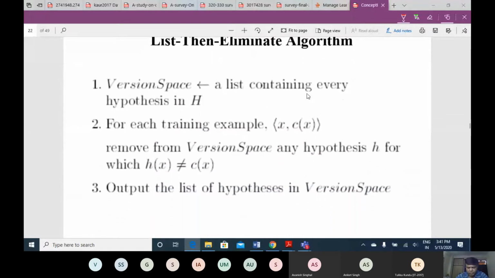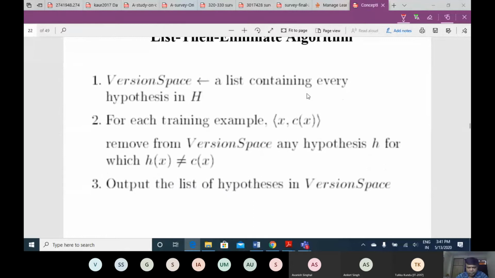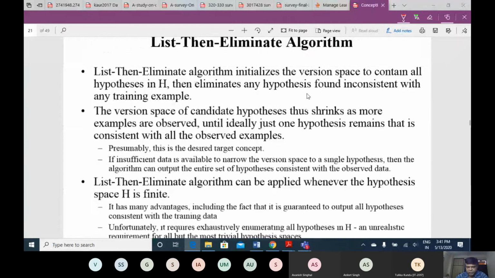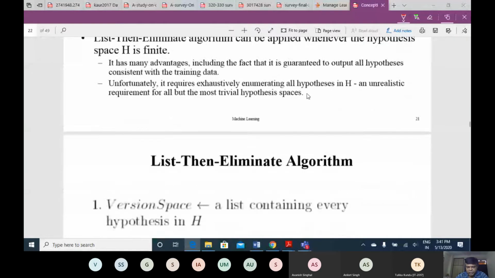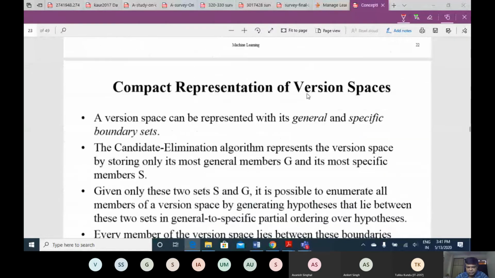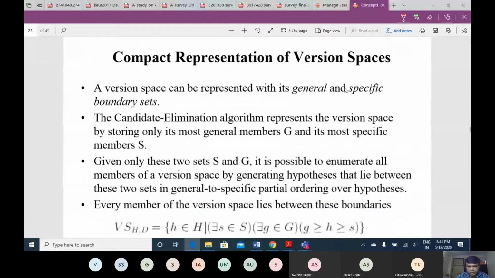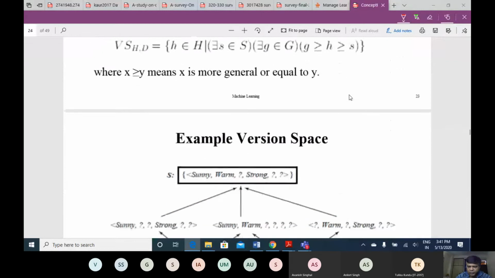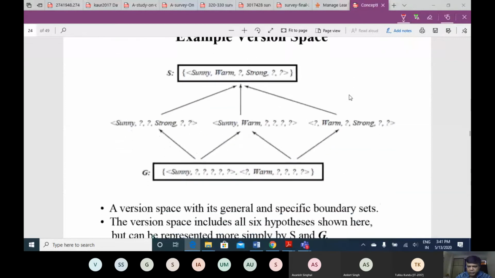Okay. Now what do we mean by candidate elimination algorithm? To define a particular version space, we only need to specify the most general and most specific hypothesis of that version space. If we specify only the most general hypothesis and the most specific hypothesis of a version space, that is sufficient.